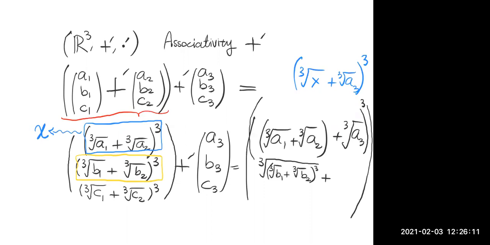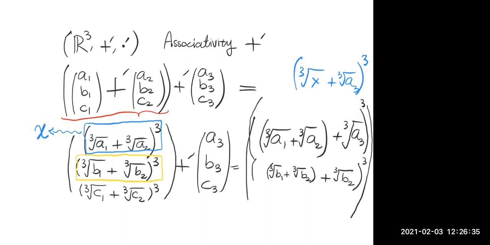And then I should add the third root of the second component of the second vector, which is the third root of B2. And then I should raise it to power 3. But similar to the previous component here, the power 3 and the third root cancel each other. So I can just erase them.